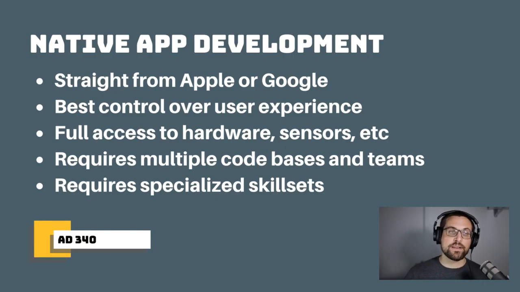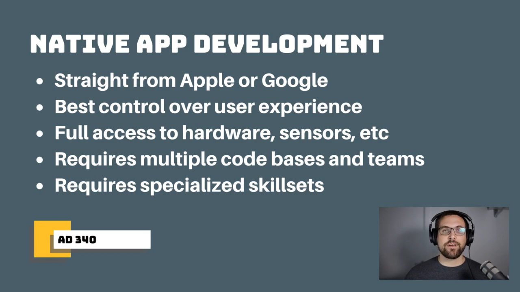Native app development. When we say native app development, people typically mean the standard tooling and processes coming straight from Apple for iOS or from Google for Android. Native apps give you the most control over the user experience. When you pull out an Android device, for example, from Google, it looks a certain way.